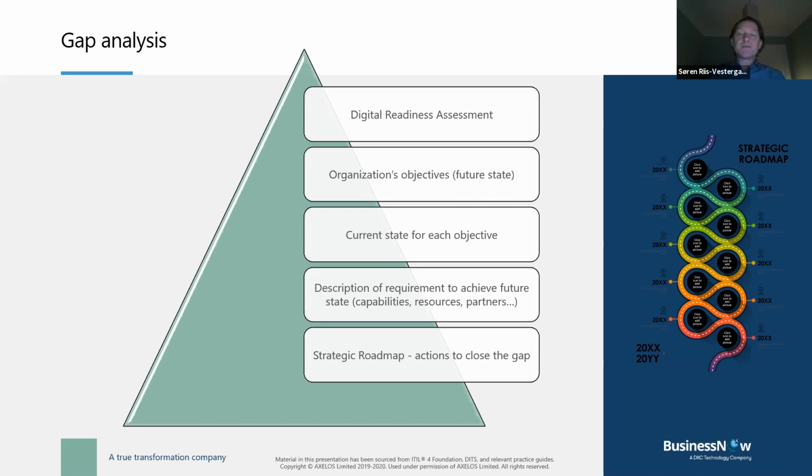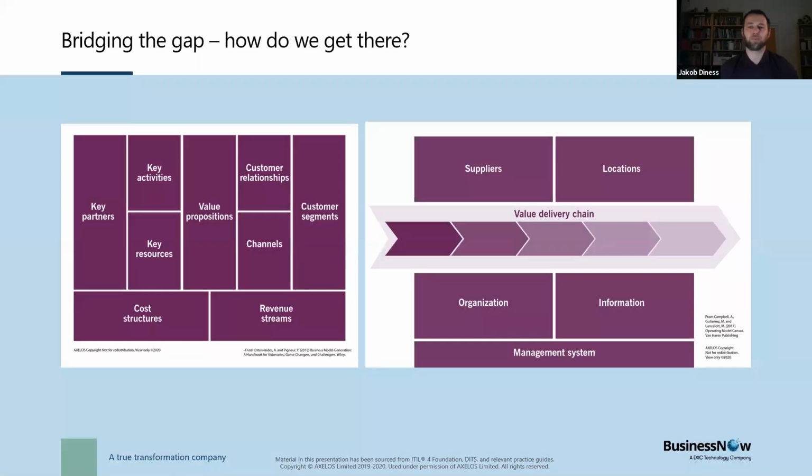Okay, thank you. So besides having the strategic roadmap, we also want for the business to bridge the gap to get there. And in Business Now, we are very keen on finding out what are the different components that you need to have in order to achieve your strategic vision. Some of the inspiration that we have had is the model to the left, called the business model.